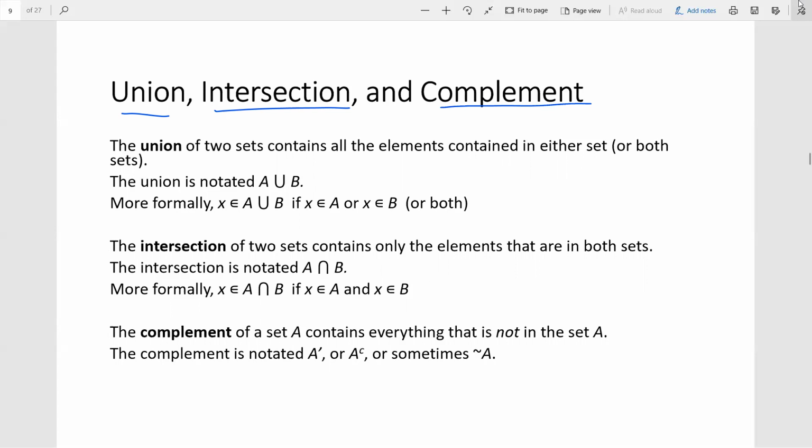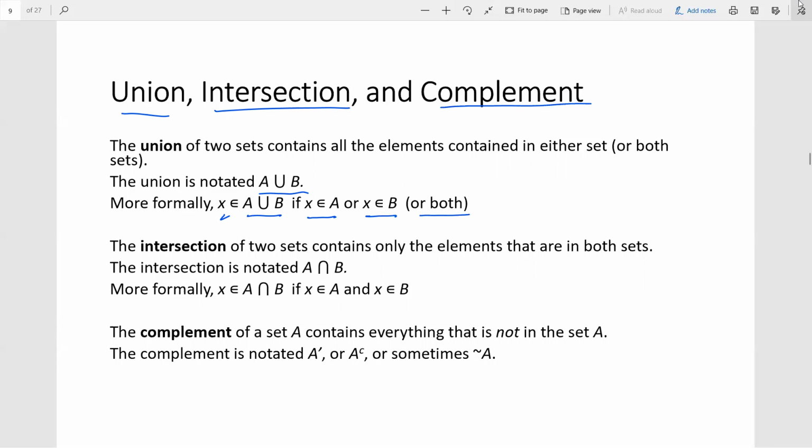More formally, this is notated, and I know you've seen this before, A union B. An element x is in A union B if x is contained in set A, or if x is contained in set B, or it could be in both.